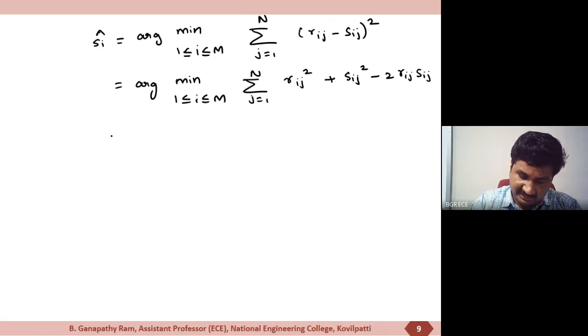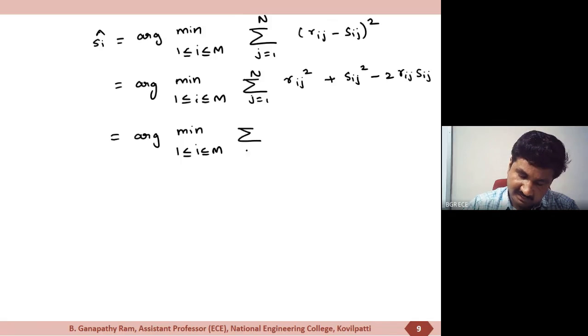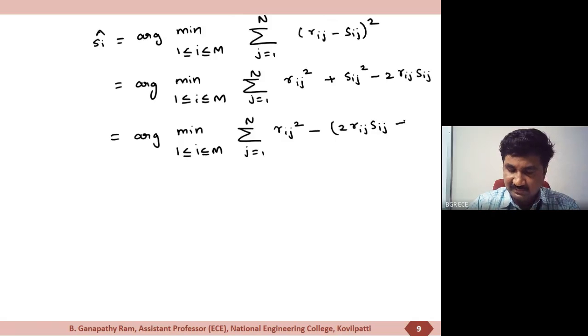So here it is represented as argument minimum of, from the values i 1 to m, summation of 1 to n of rij square minus 2 rij sij plus sij square.